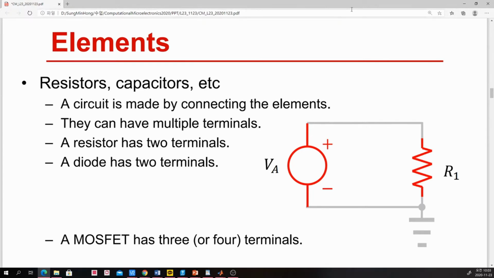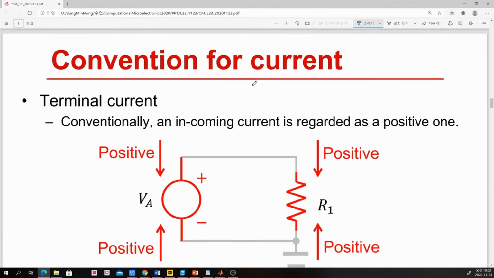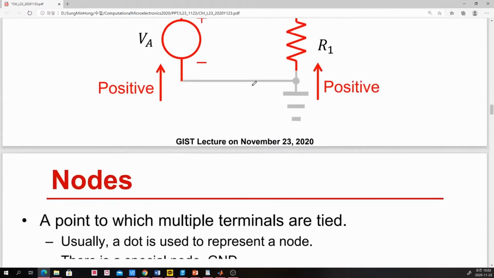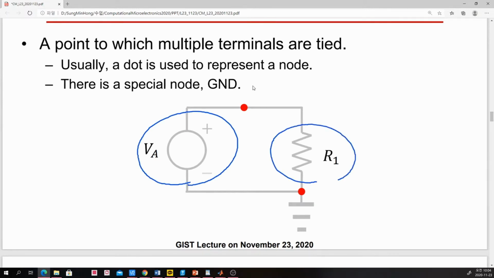Then how about their connection? Connection is given this way. Here you have one element and another element, and they are connected.